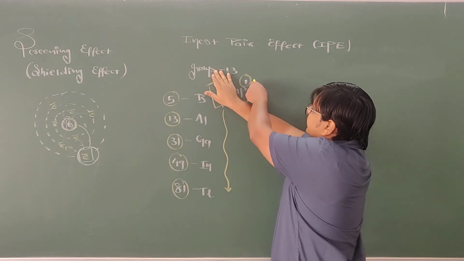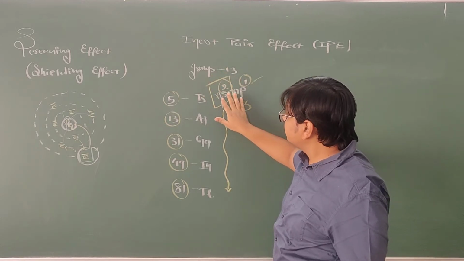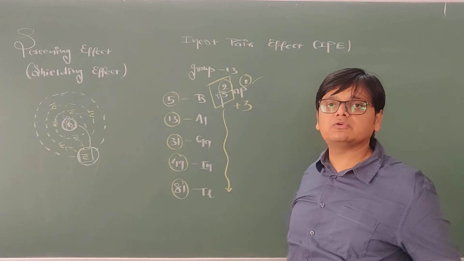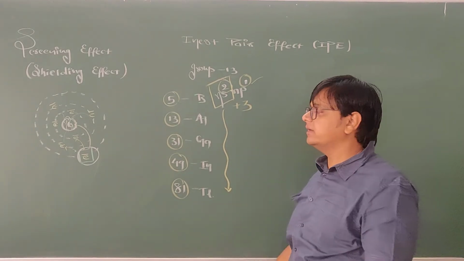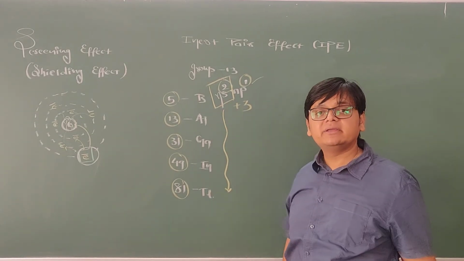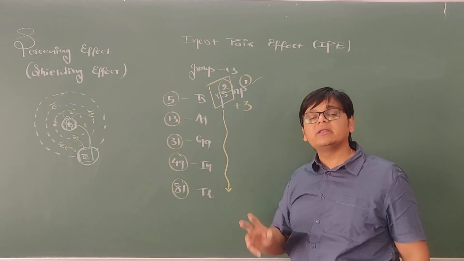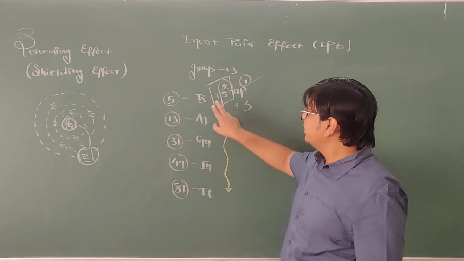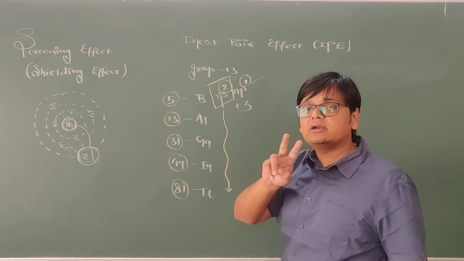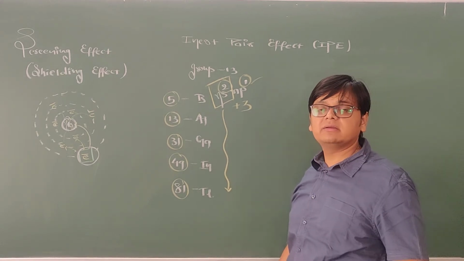So the available electrons are only 1. Both electrons of this s orbital become inert. Inert means non-reactive, due to attraction towards the nucleus. And since there are two electrons, can you say pair of electrons? Yes, we can.